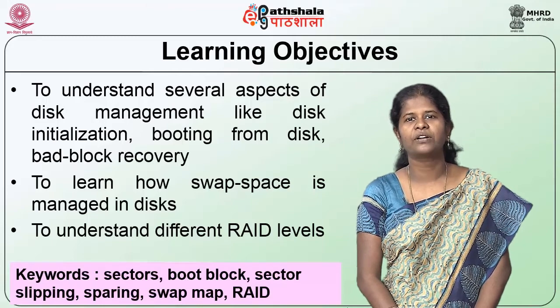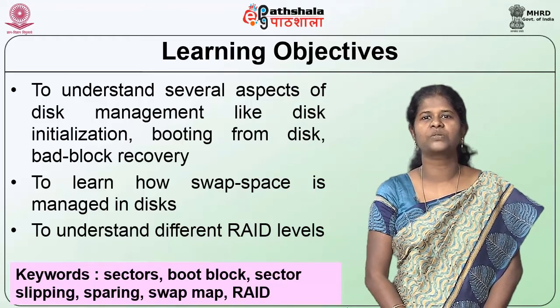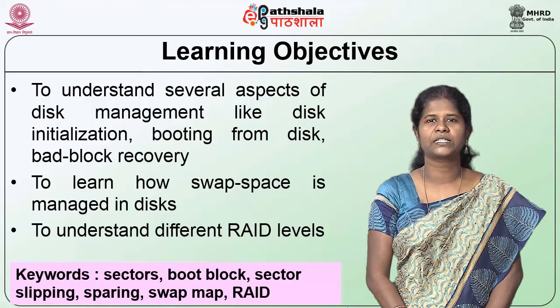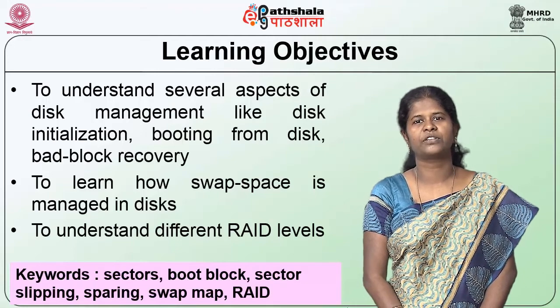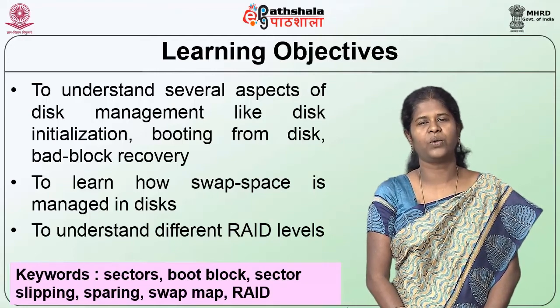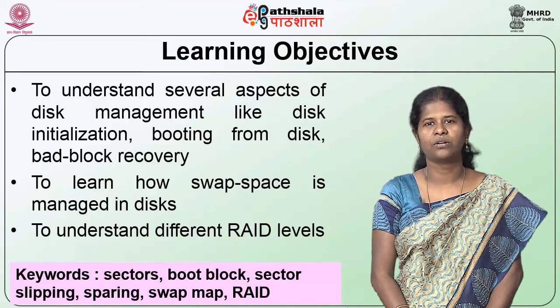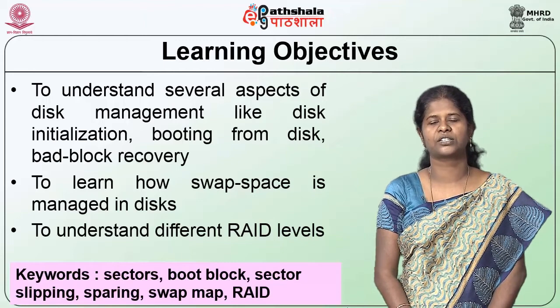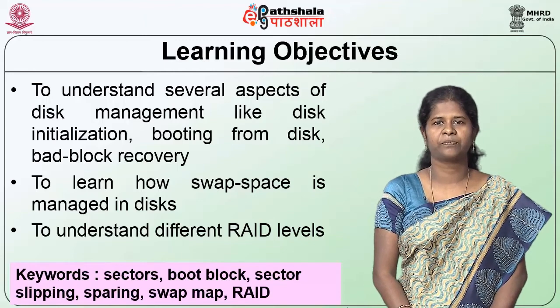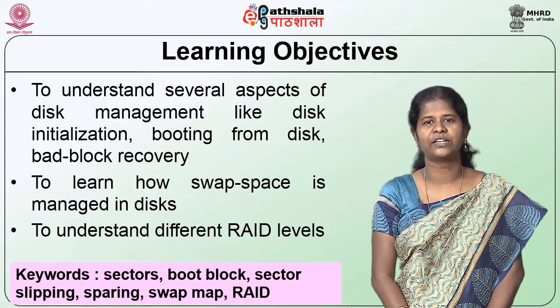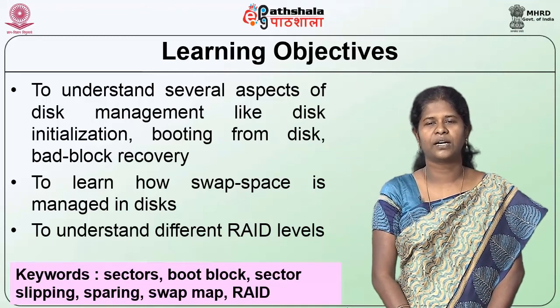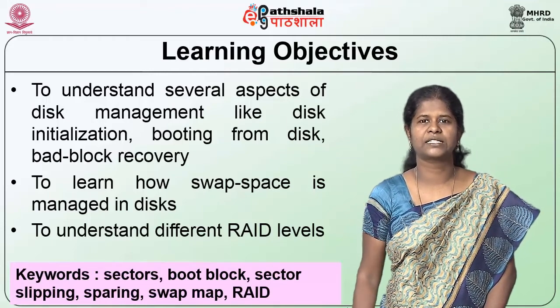Then you have the data structures implemented in the operating system for the implementation of the file system, and then we have the disk where the files are actually stored, and you also have a few other data structures that are maintained in the disk. So, in this module we are learning different aspects related to the disk where the file system is actually stored.